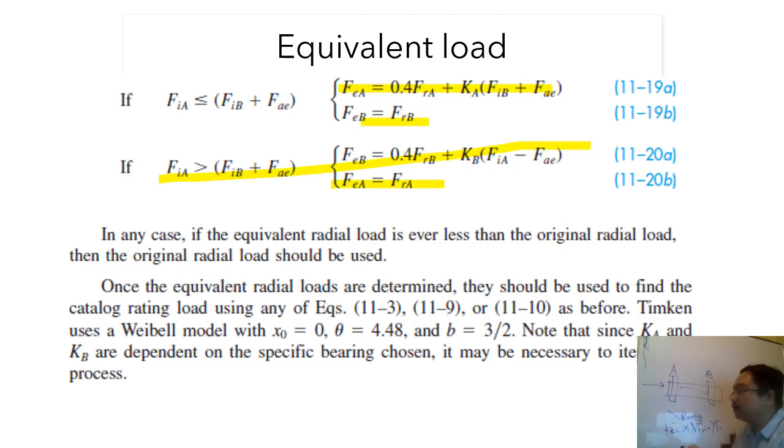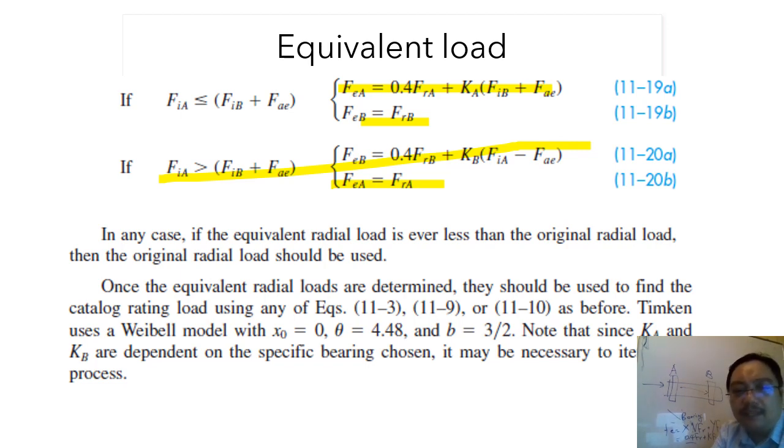But Timken has suggested replacing this with 0.4 Fr plus K Fa. We use what Timken has suggested. From this is how you get equations 11.19a and 11.20a.